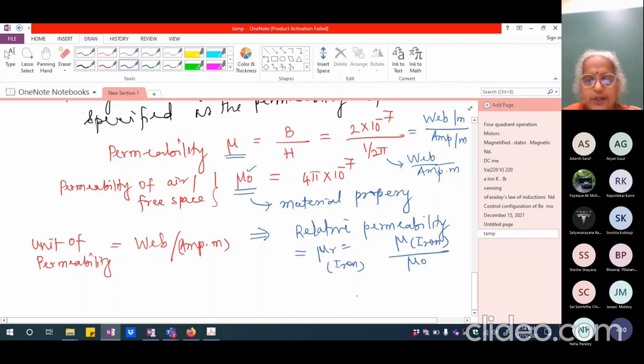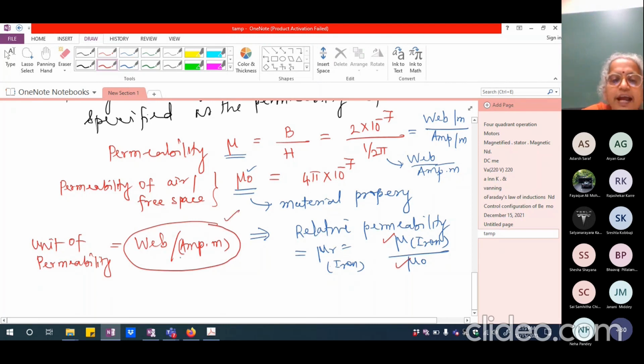You compare these two and say this is the relative permeability. So the relative permeability is just a ratio of the permeability of any material to the permeability of air or vacuum or free space in general. So mu R will not have any unit, whereas either mu or mu naught is going to have the unit Weber per ampere meter.